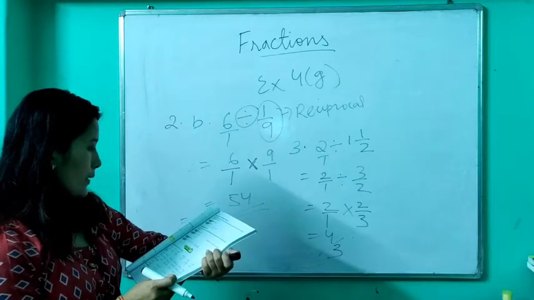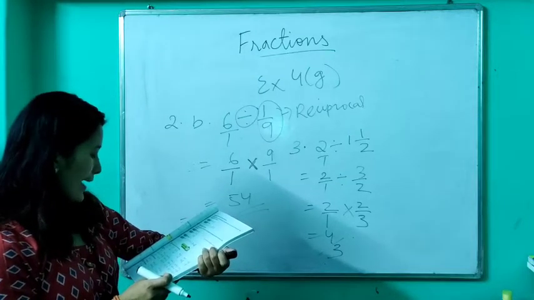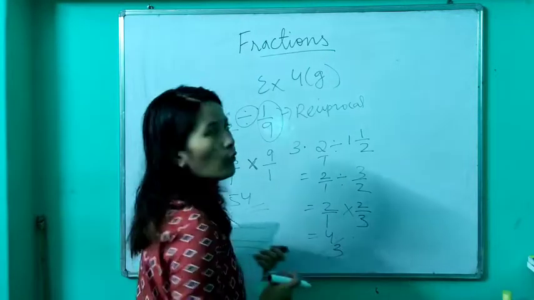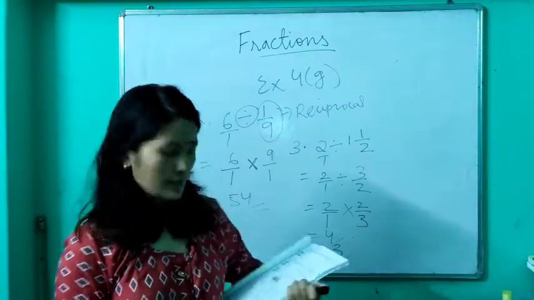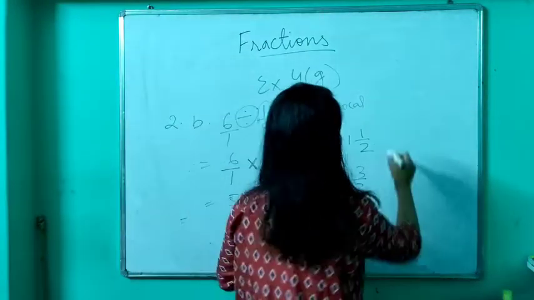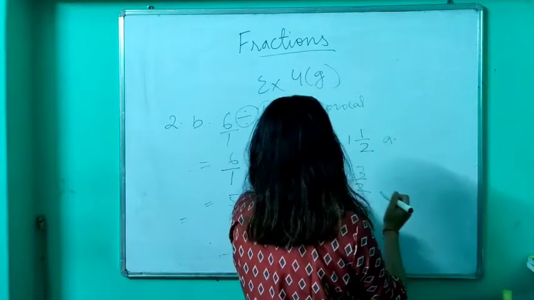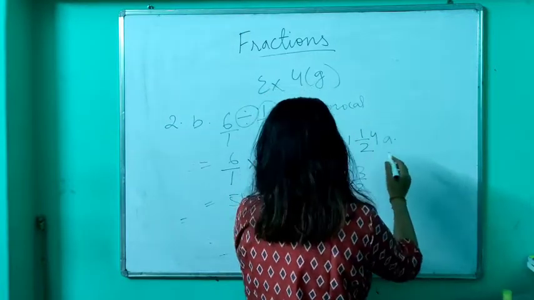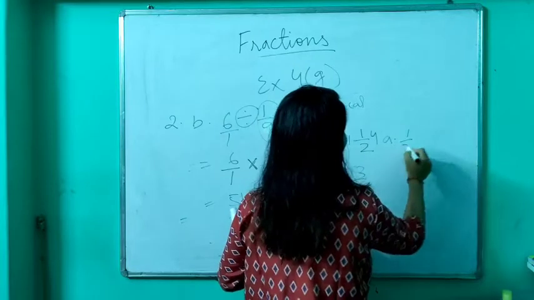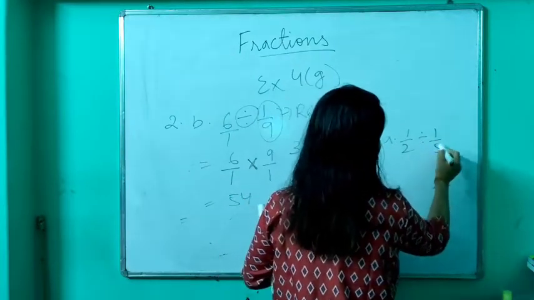Similarly, let's do question number 4, that is find the quotient. I hope you all know what quotient means, right? So question number 4A, 1 by 2 divided by 1 by 5.